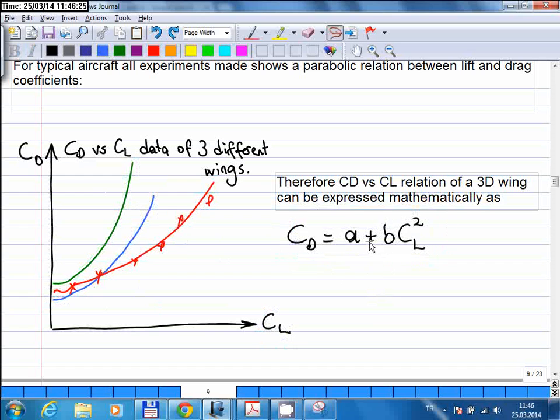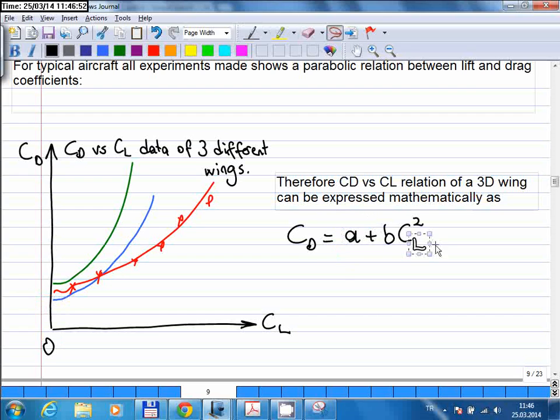Okay, so there's a square term which gives this parabolic relation, and then there's some constant term, and the constant term should be there because when the lift force is 0, there's a non-zero drag coefficient. So to get that effect you need to have such a constant term.